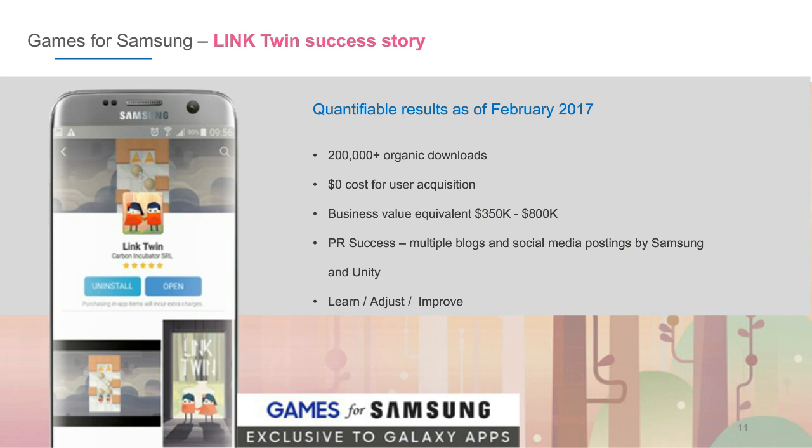We also published a blog article on our website, which was republished by Unity. We also have a short video and published multiple postings on our Samsung media and social media channels.